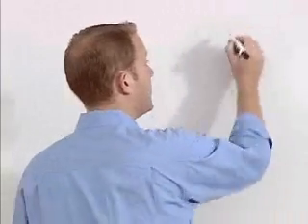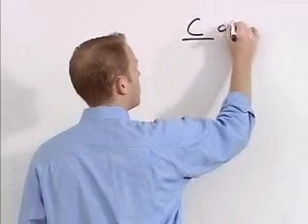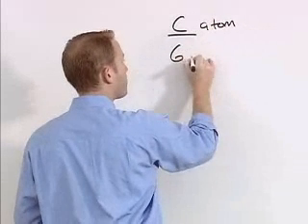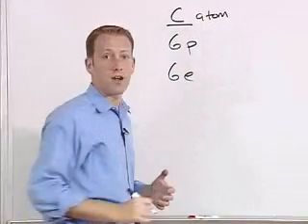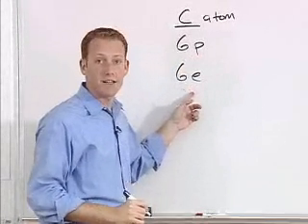If an atom loses an electron, it still has the same number of protons, so it's positive. You need to understand that, and I'll illustrate it right now. An atom of carbon has 6 protons and 6 electrons, so it has 6 positive charges and 6 negative charges.